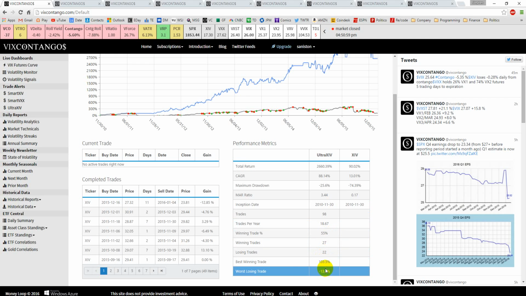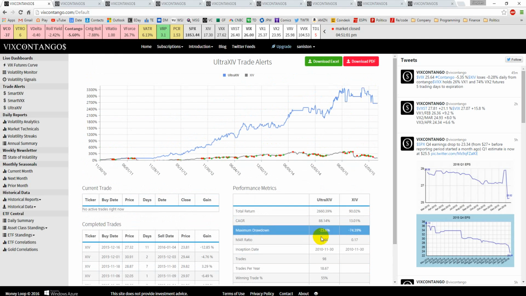That's why the Ultra XAV strategy has done well. Again, this strategy invests daily, just like the other strategies. It closes its positions at the close, and it makes one trade per day. However, it's a slightly more aggressive strategy than the Smart XAV.